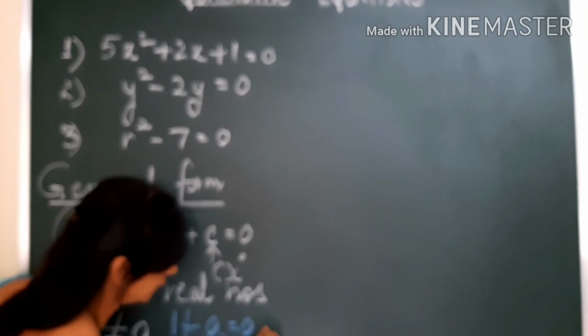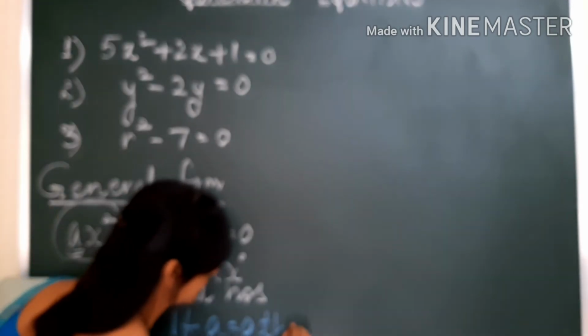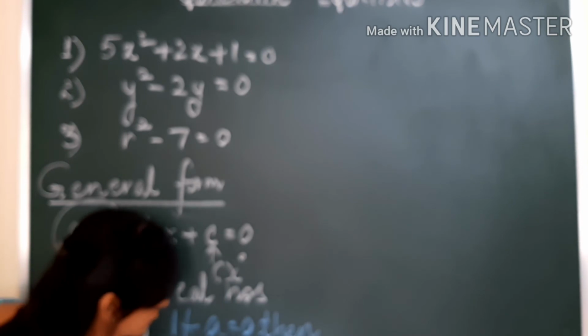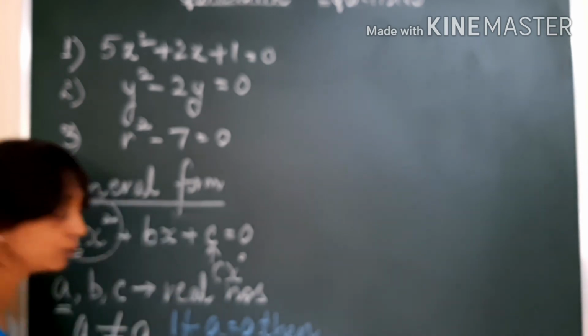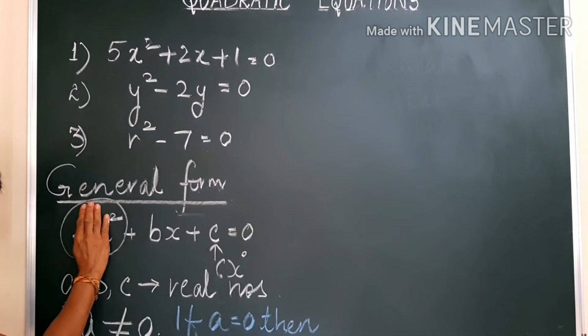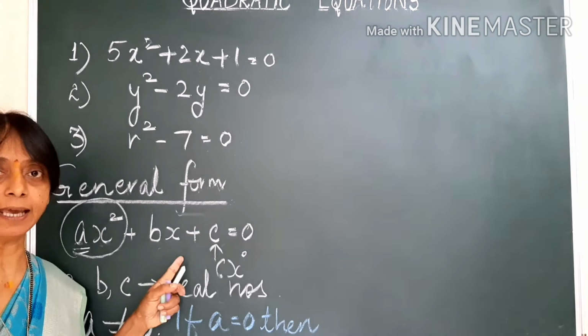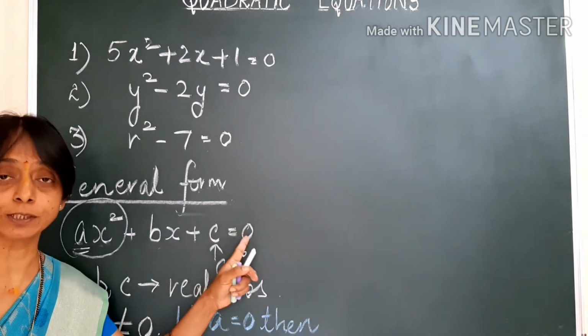If a is equal to 0, then ax squared also becomes equal to 0. And if this term is 0, then what are you left with? You are left with only bx plus c is equal to 0.